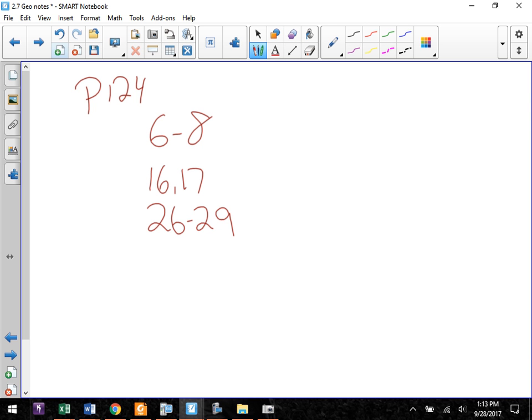Real quick, questions 26 through 29. They're going to say that angle A is twice the measure of its complement, angle B. Angle A is twice the measure of its complement.